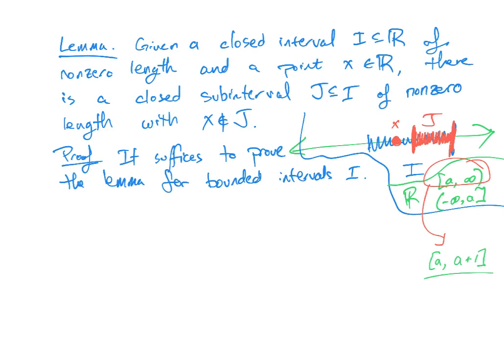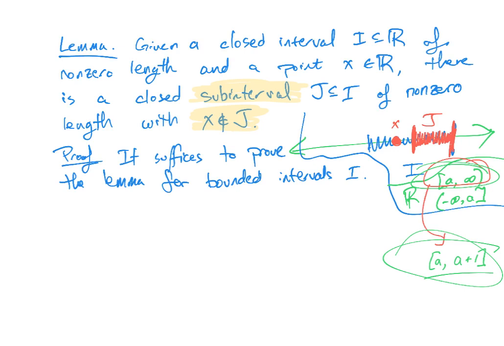Why does that suffice? If the lemma holds for a to a plus 1, then it also holds for a to infinity, because all the lemma's giving you is this subinterval that doesn't contain x. You've got a subinterval of the little one, that's a subinterval of the big one. Okay, thanks.